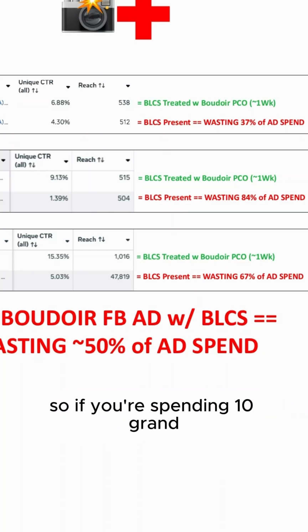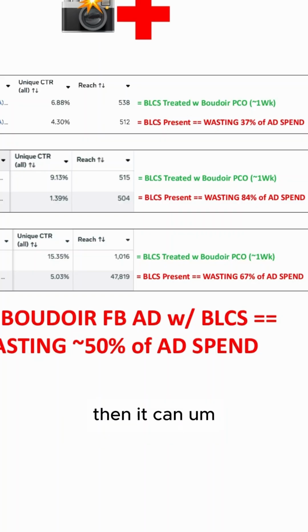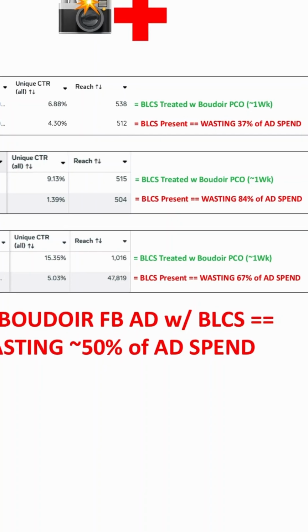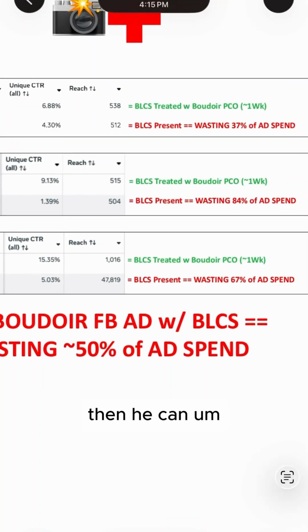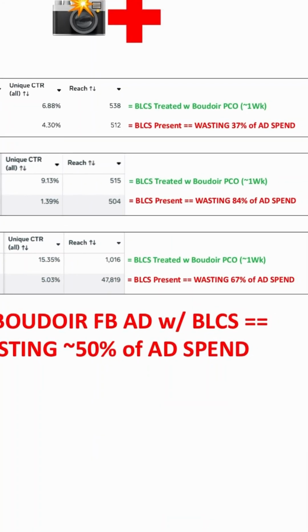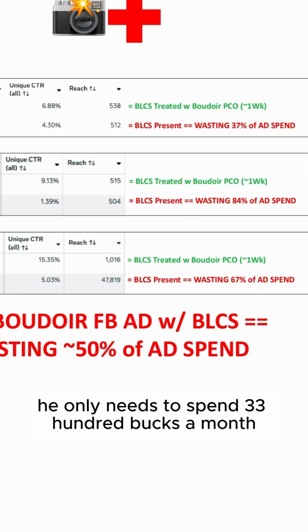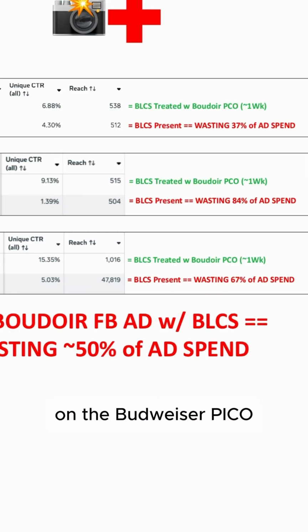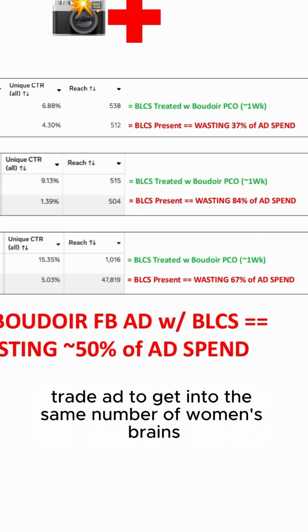So if he's spending 10 grand a month on the original Boudoir Facebook ad, he only needs to spend $3,300 a month on the Boudoir Pico treated ad to get into the same number of women's brains.